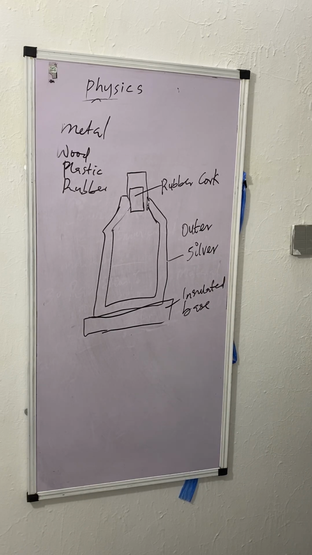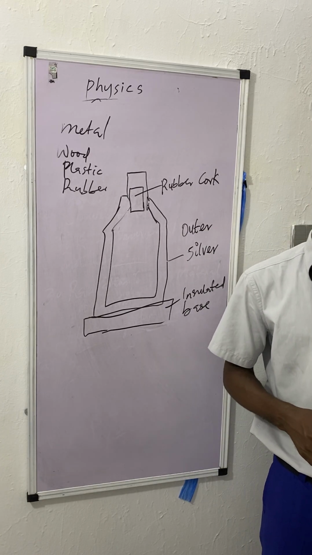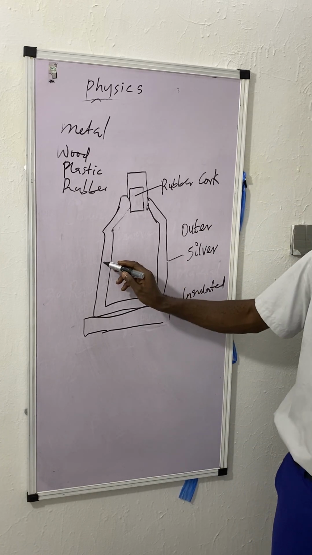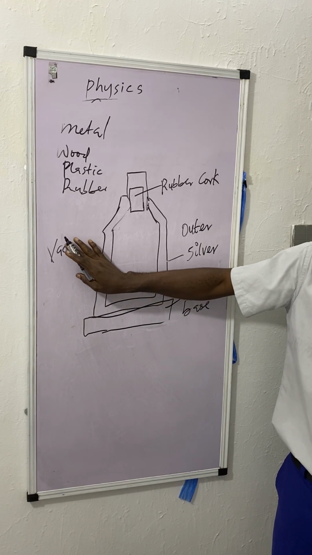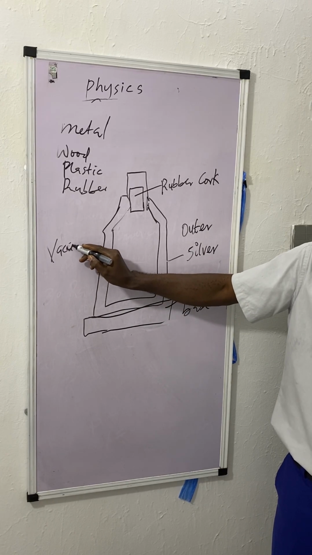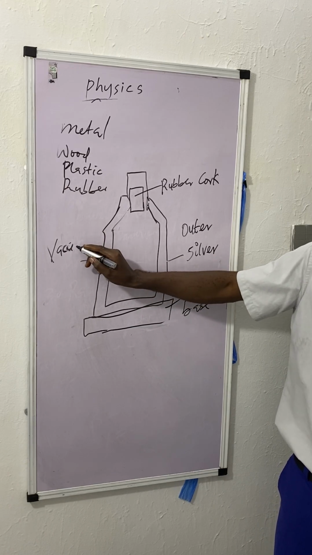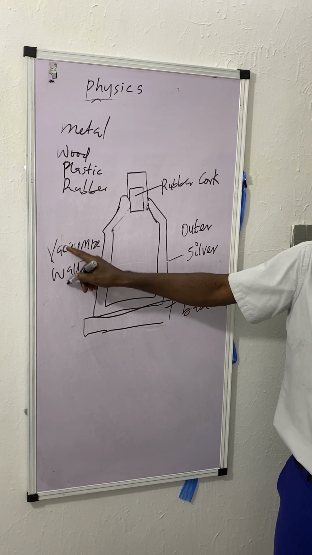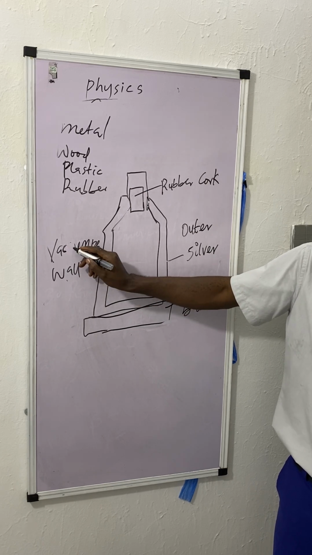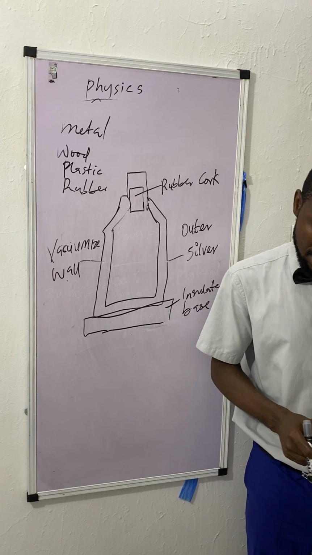Which other thing do we have? The vacuum between the wall, which is here. Vacuumized wall. Let's see if we have any other thing again.